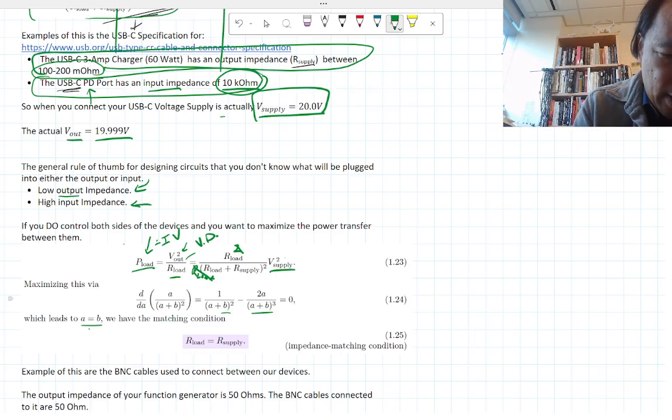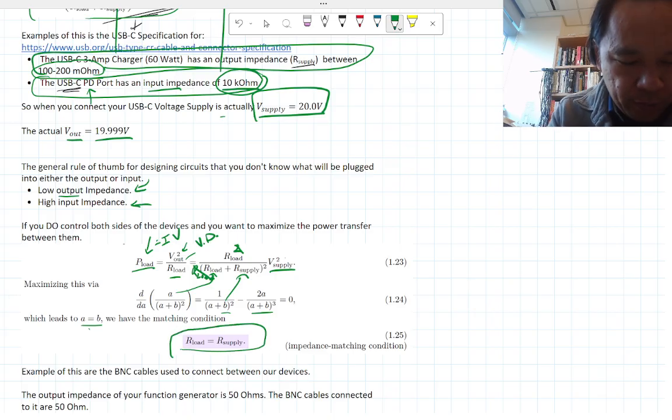Okay, in this case, A is actually the load, B is actually the supply impedance. So in the case of wanting maximum power delivery between two different devices, you actually want impedance to be matched between them.